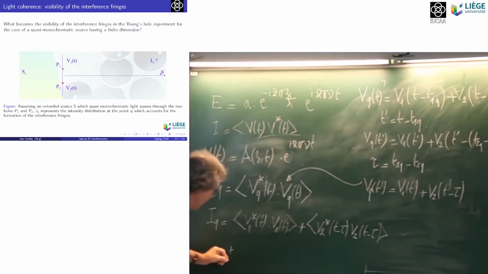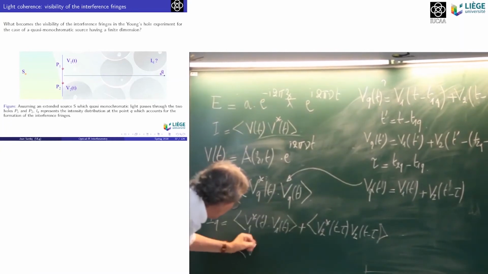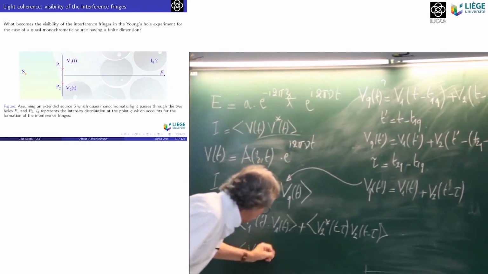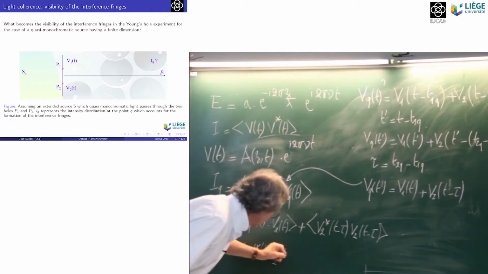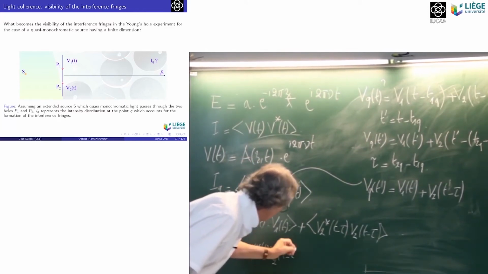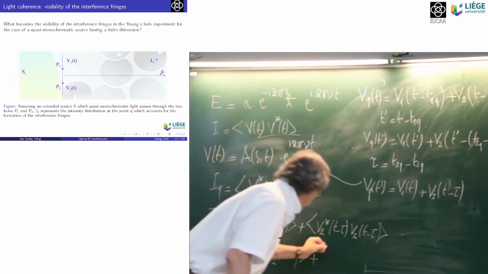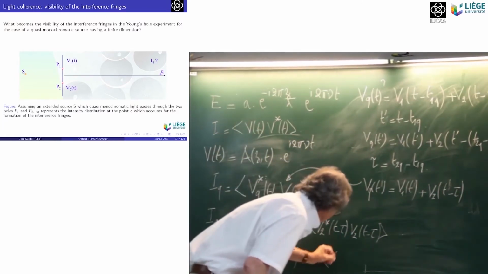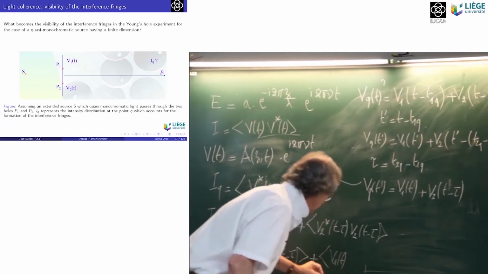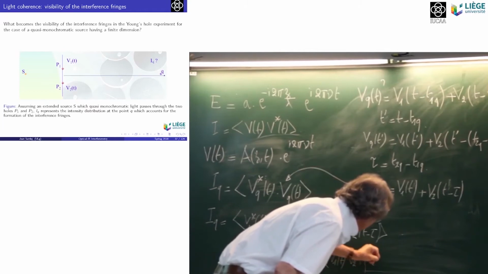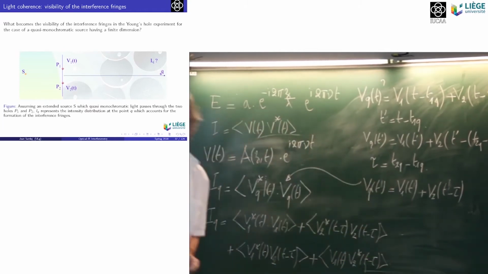Then I will have plus the time average of V1 conjugate times V2 of t minus tau, plus the time average of V1 of t times V2 conjugate complex of t minus tau. Tell me if you agree with that.